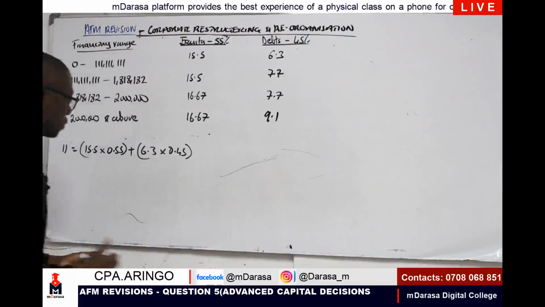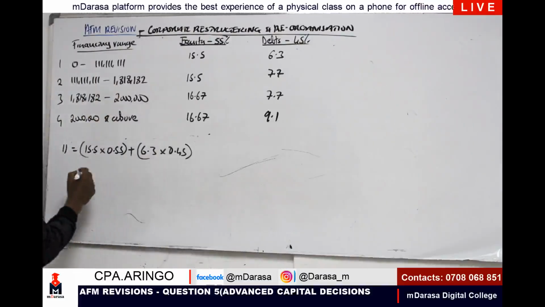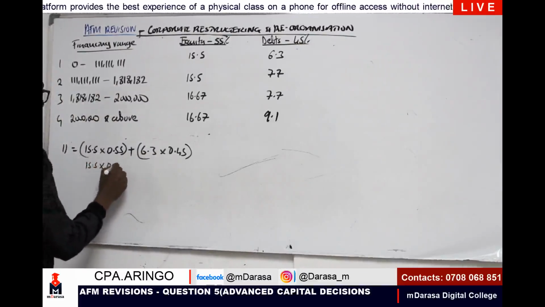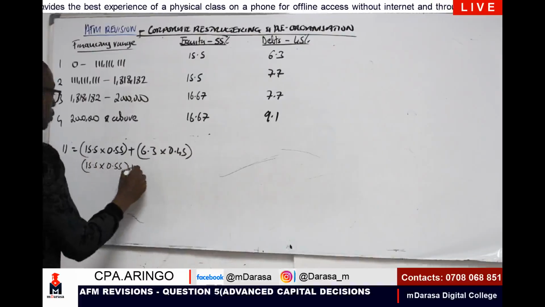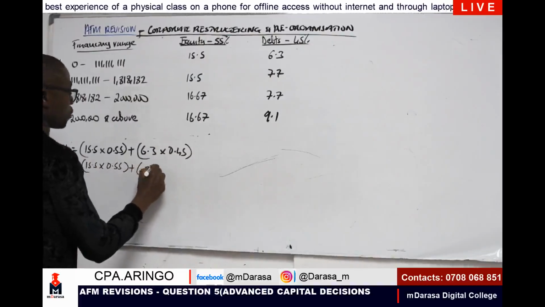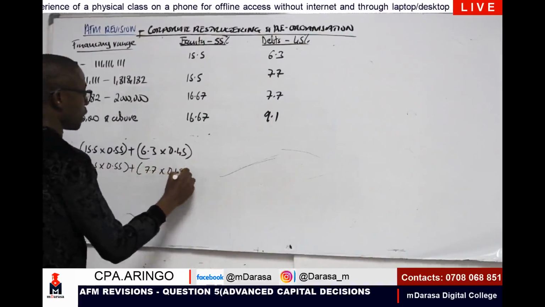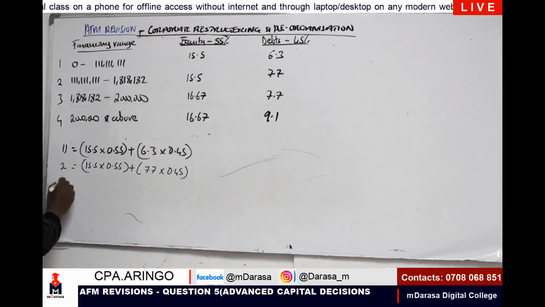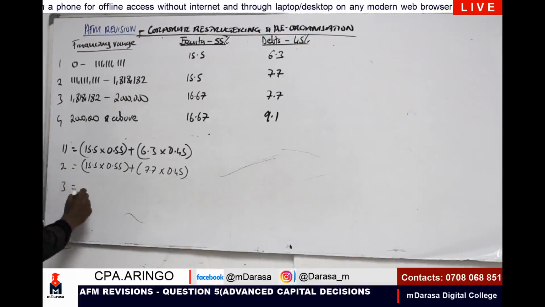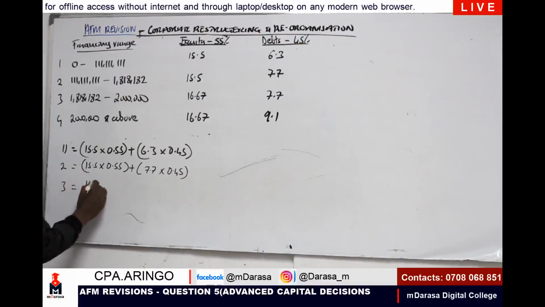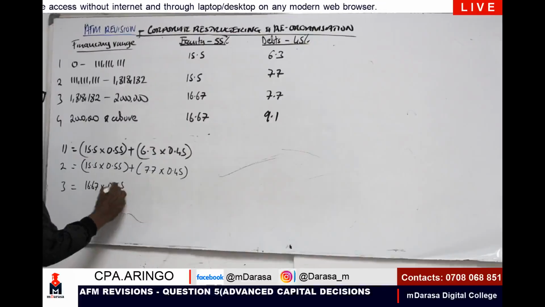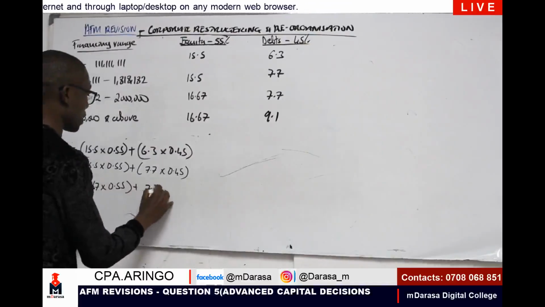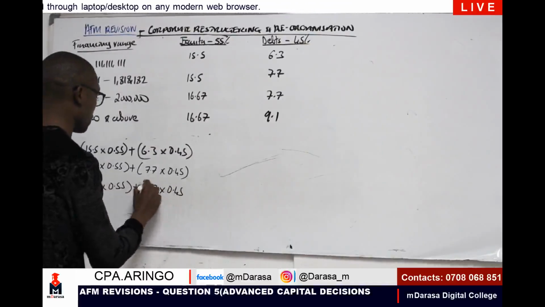6.3 times the weight, which is 0.45. Proceed to the next interval. Interval number 2, I'm having 15.5 times 0.55, we add 7.7 times 0.45, the weight. Interval number 3, I'm having 16.67 times 0.55, we add 7.7 times 0.45.